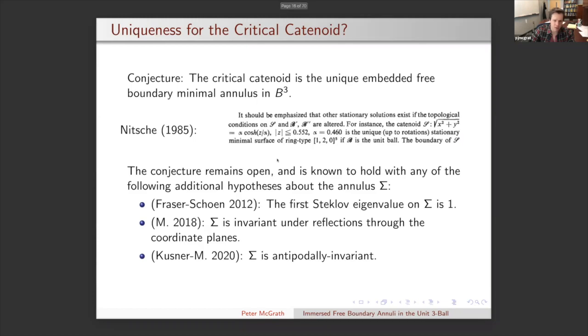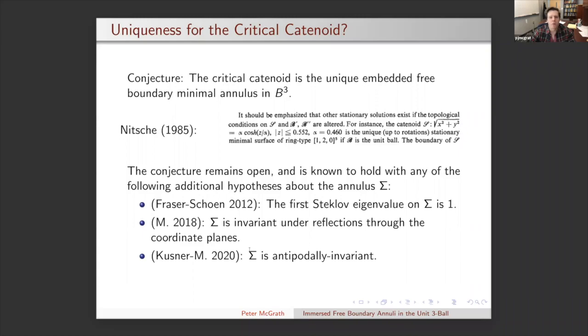Somewhat more recently, with Rob Kussner, we were able to improve this previous result slightly to just an order 2 antipodal symmetry. So there's some partial progress on this conjecture in general, with some additional assumptions.